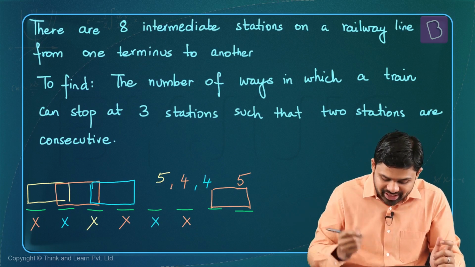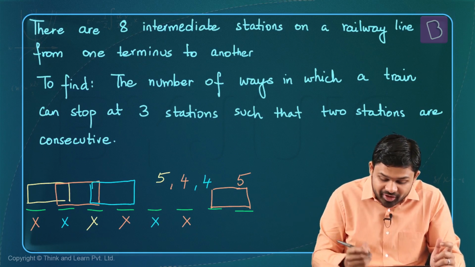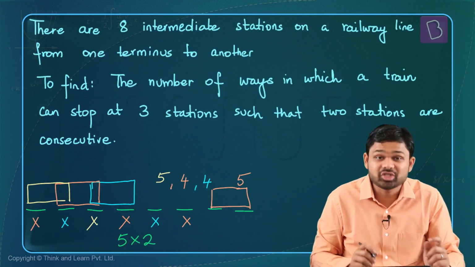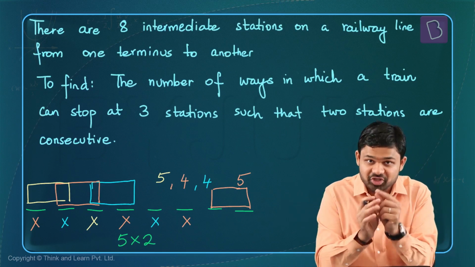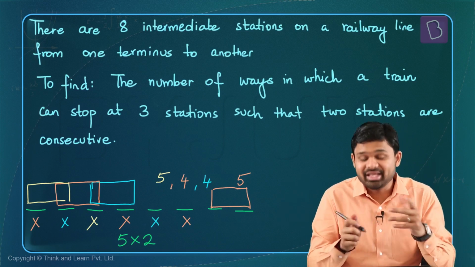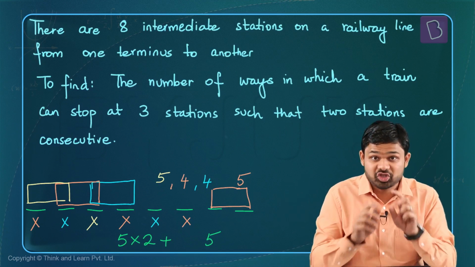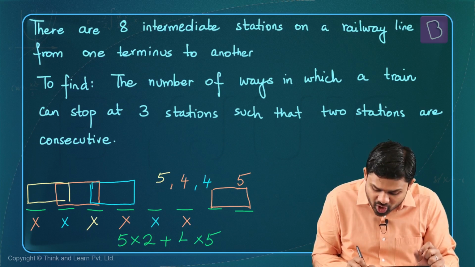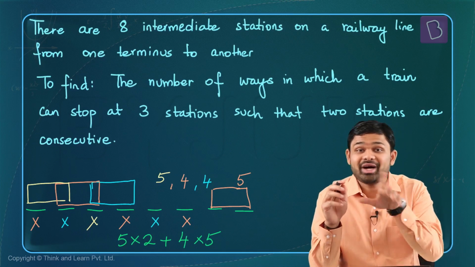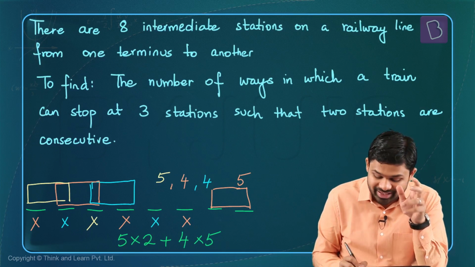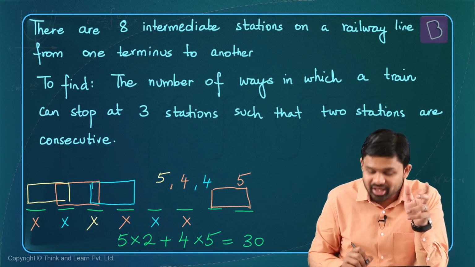So the total number of ways will be 5 into 2, because there are 2 end pairs for which there are 5 possibilities, and then there are a total of 5 interior pairs of stations, for which there are 4 possibilities. So there is going to be 5 into 2 plus 4 into 5. 5 into 2 is 10, 4 into 5 is 20. The total is 30.